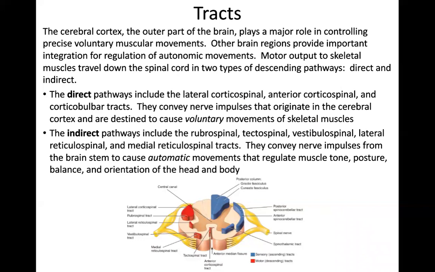The indirect pathway, I'm not going to list off those, that's not important, but they convey nerve impulses from the brain stem, causing automatic movements, because although skeletal muscles are controlled voluntarily, there are some automatic aspects of skeletal muscles, like muscle tone.